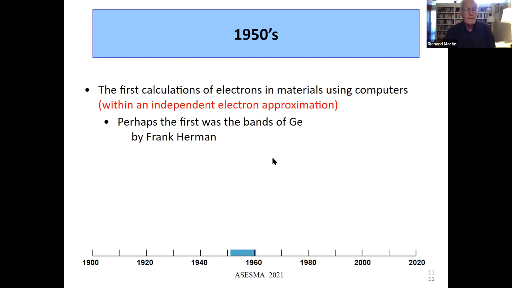And by the 50s, the first big computers were around, and perhaps the first application was to the bands of germanium. This is still using an independent electron approximation because the computers were nowhere near the point of attempting to do the many-body calculations.